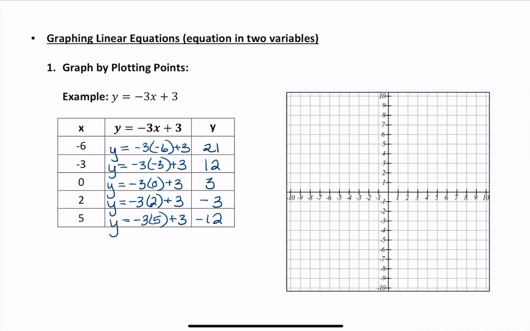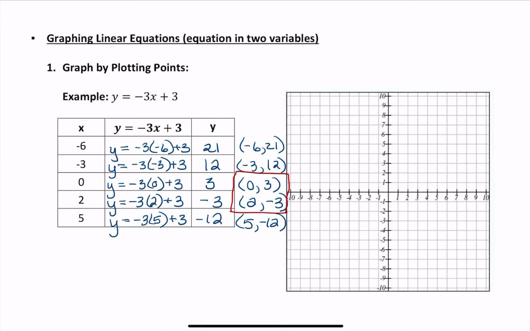So what I've got here is a set of points. I've got -6, 21. I've got -3, 12. I've got 0, 3. I've got 2, -3. And I've got 5, -12. So just from the graph that I have, the 2 that will be on there would be 0, 3, and 2, -3.